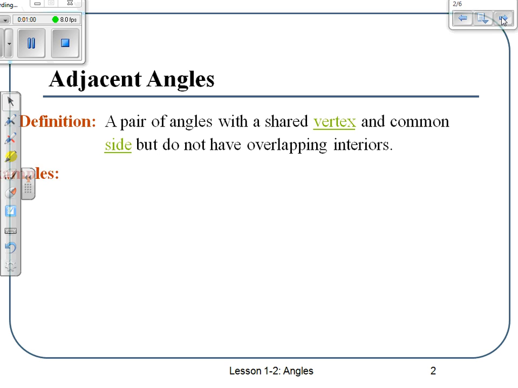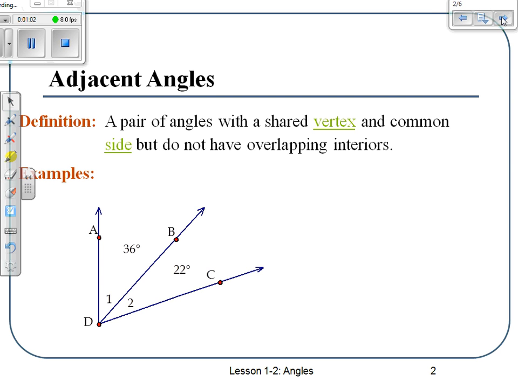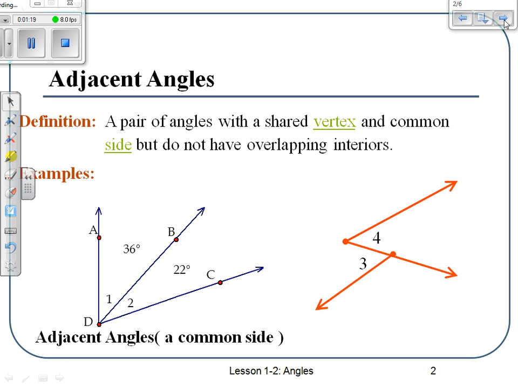So, examples: this pair of angles ADB and CDB have a shared vertex D and a common side DB, but their interiors do not overlap. Those are adjacent angles. These would not be adjacent angles. They do not share a vertex. Their interiors do not overlap, but they also do not share a vertex.